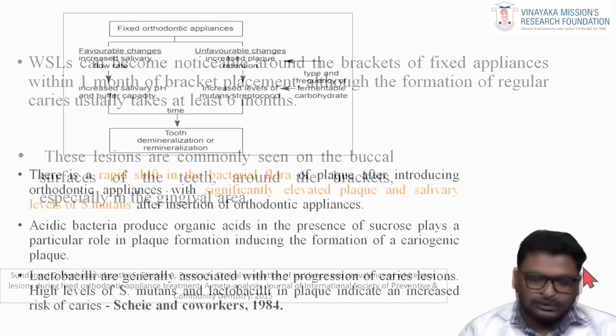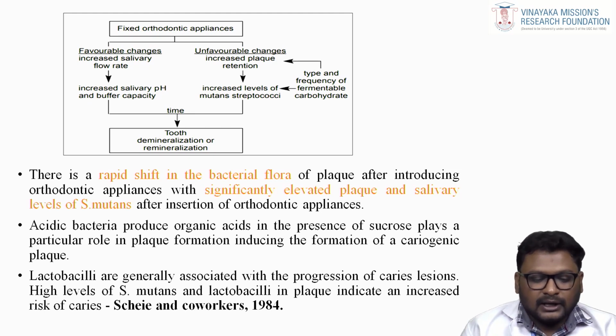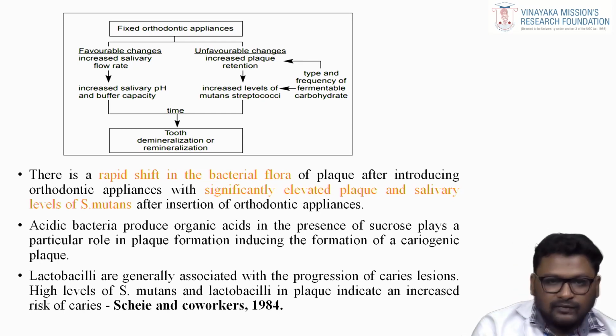So as I told earlier, this is the flow chart of demineralization and remineralization. This is the basic buffering capacity of the saliva. During fixed orthodontic appliance therapy, 2 things can happen, either favorable or unfavorable. Favorable means increased salivary fluoride, increased salivary pH and buffering capacity.